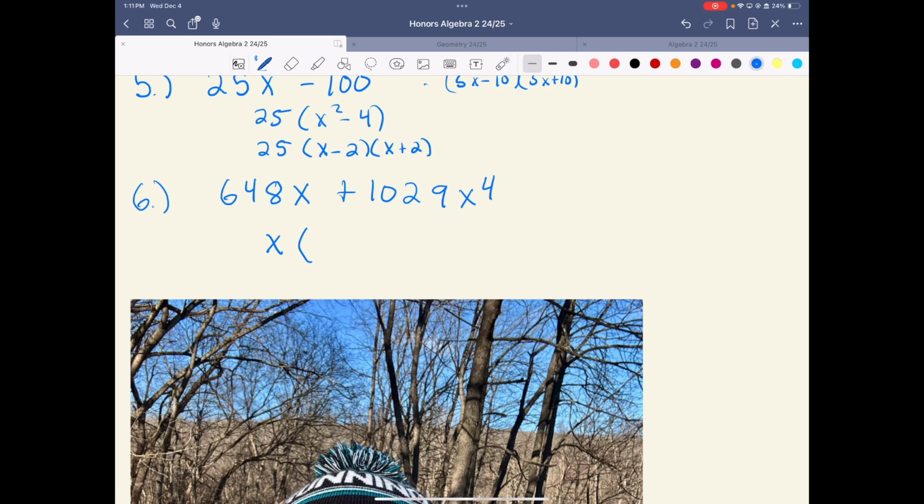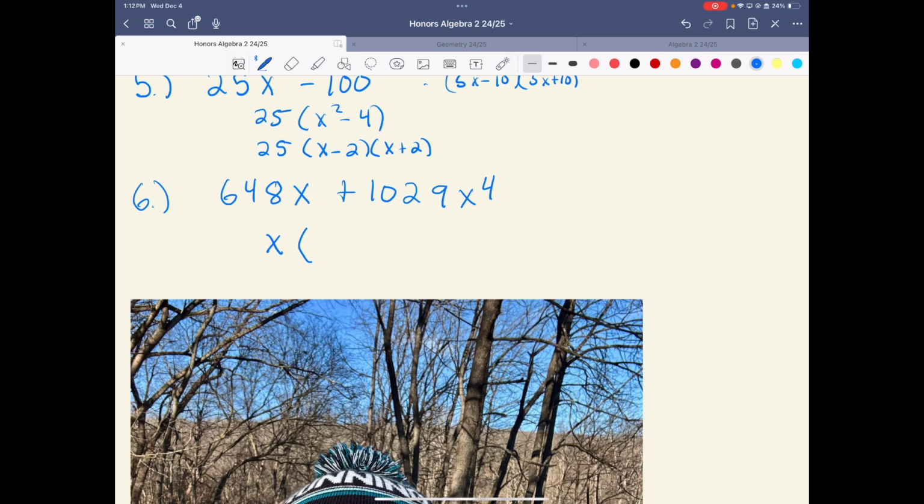A common factor for 648 and 1029. 3 works. Anybody know how I know 3 works? Divisibility rule. If you add all the digits up and that's divisible by 3, the number's divisible by 3.